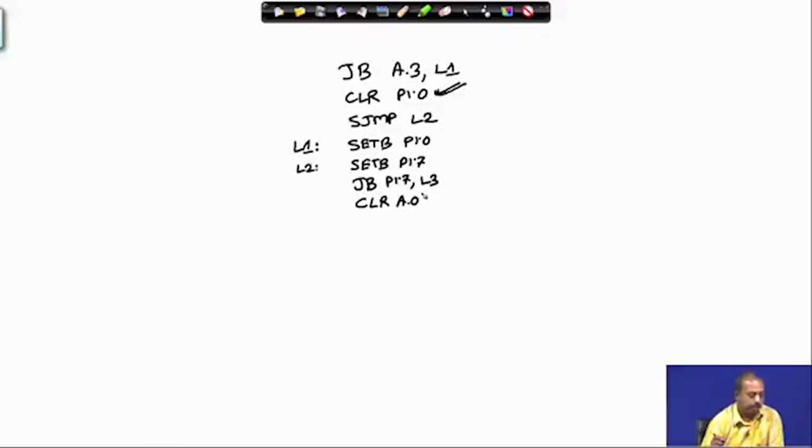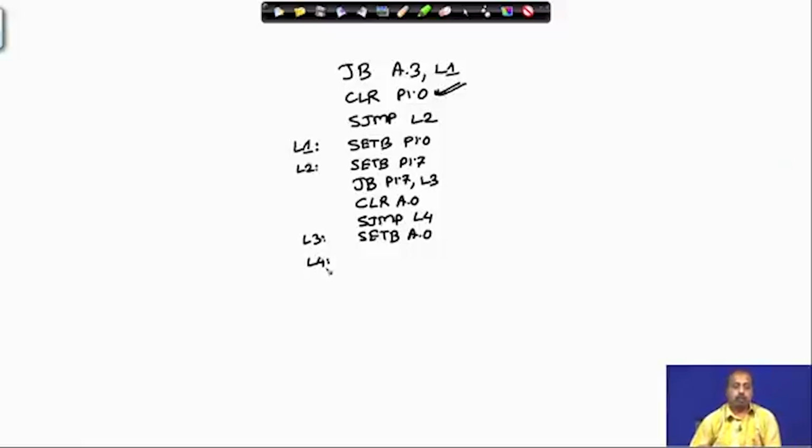That is done here, and then SJMP L4, so it will jump to L4. And in L3 we set the accumulator bit, setb A.0, and this is our L4.